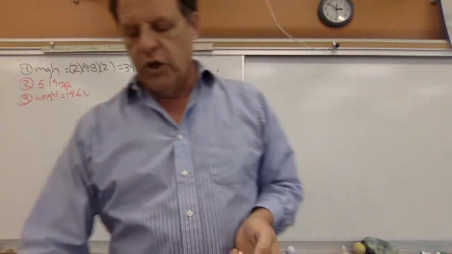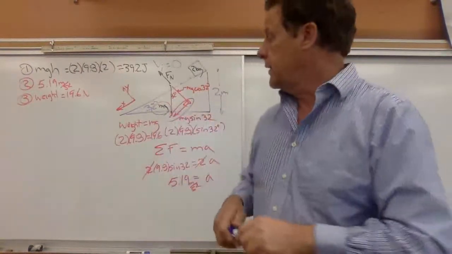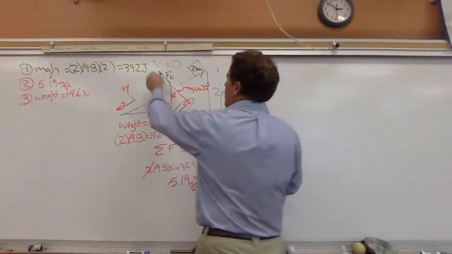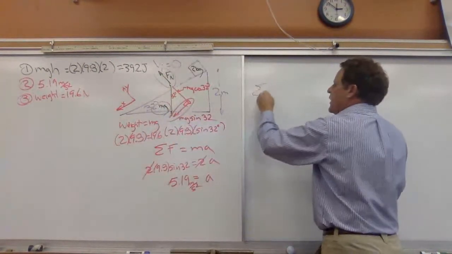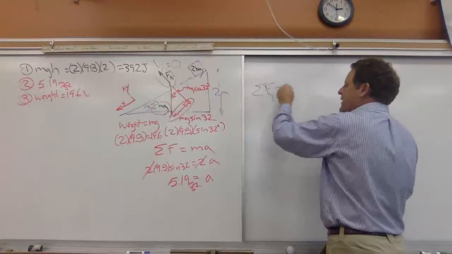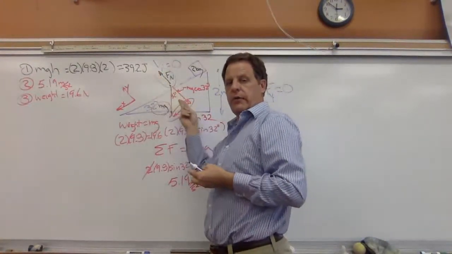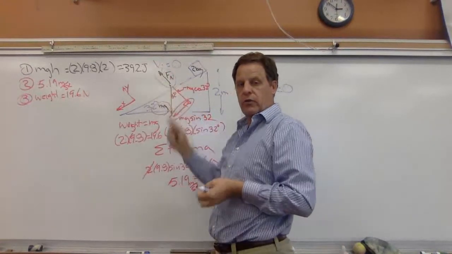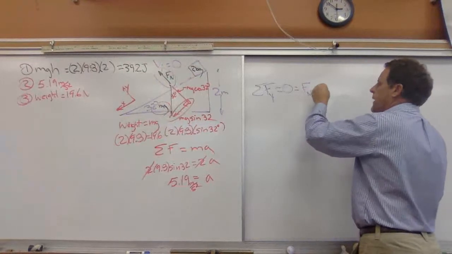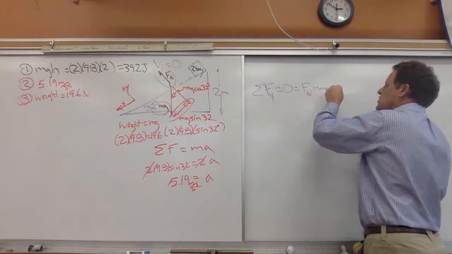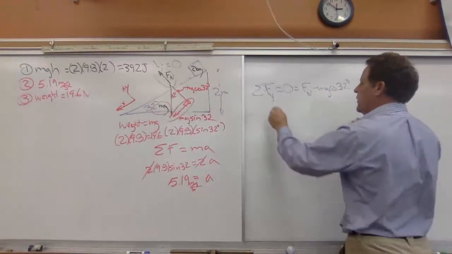What is the normal force on this block? We take the sum of the forces in the y, and that's going to equal 0. Remember, this block is not going to be moving up and down this way. It's not going to be levitating or sinking. So the normal force minus mg cosine 32 is equal to 0.